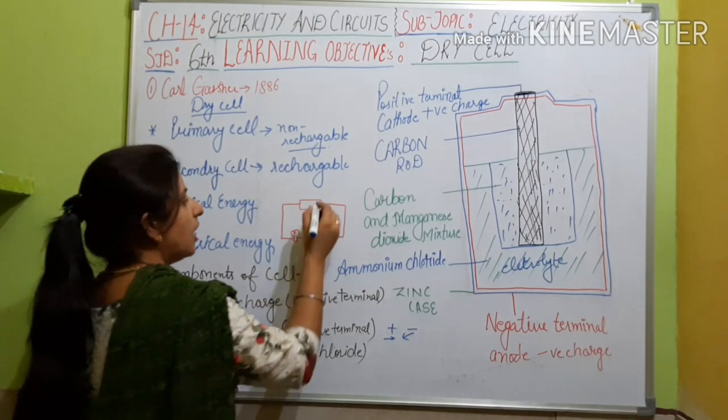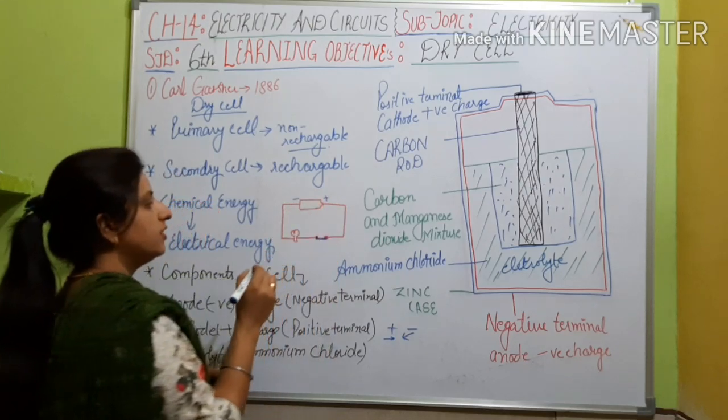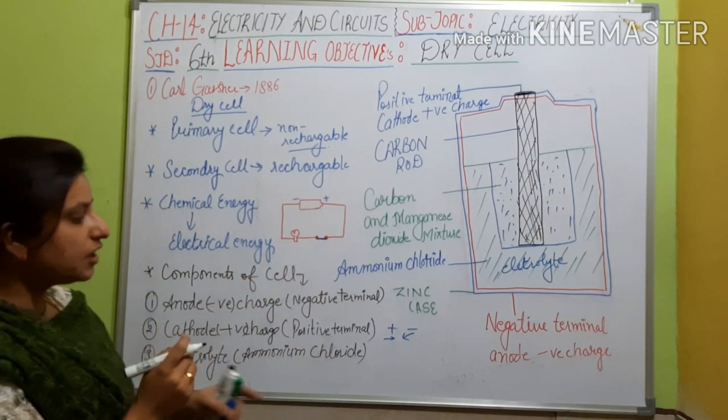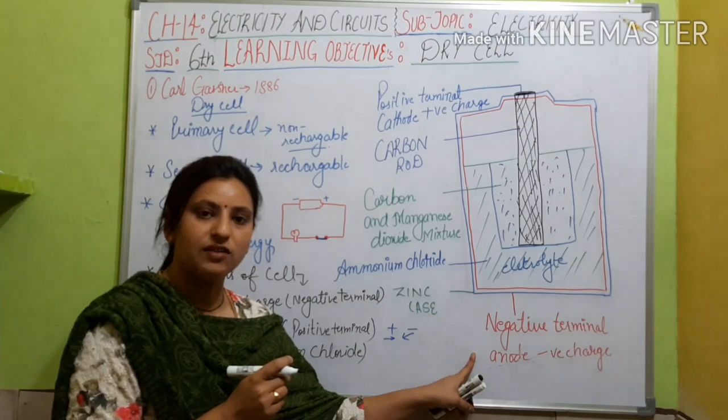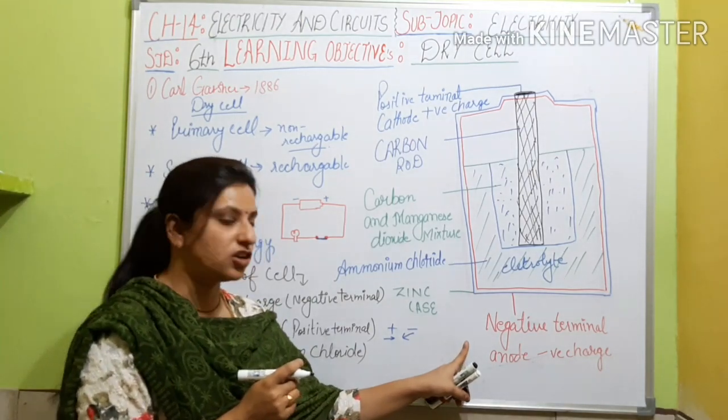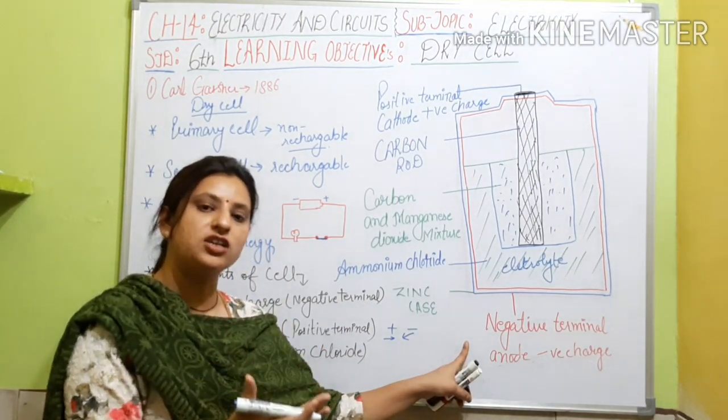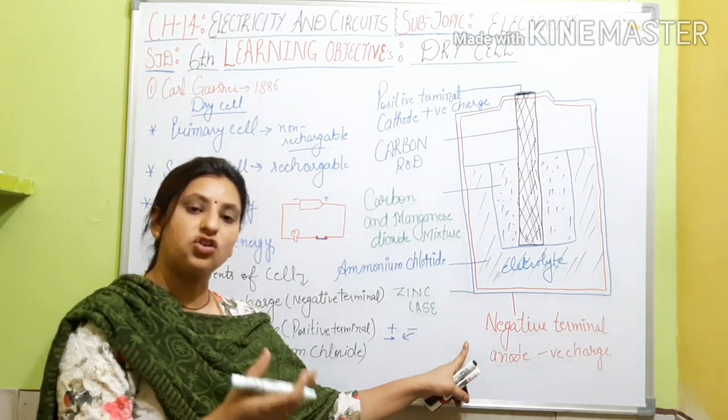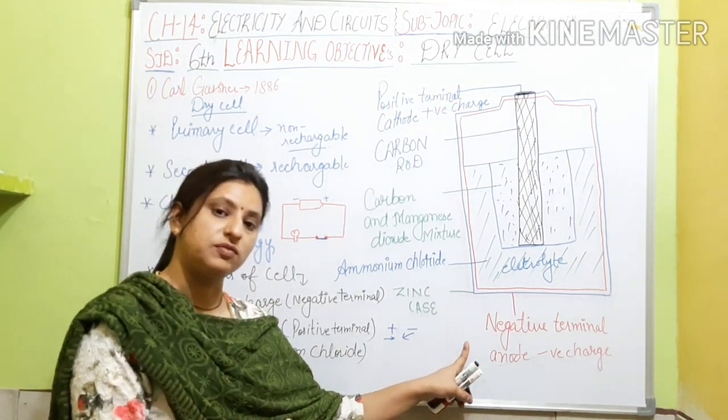Now, as we all know, the negative terminal, the anode, has a negative charge, and we have discussed earlier that negative charge is due to the electrons, and the electrons will be attracted towards the positive terminal.